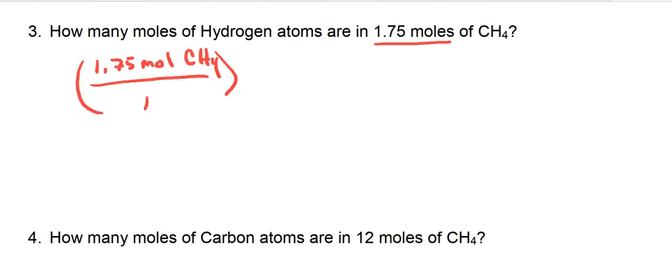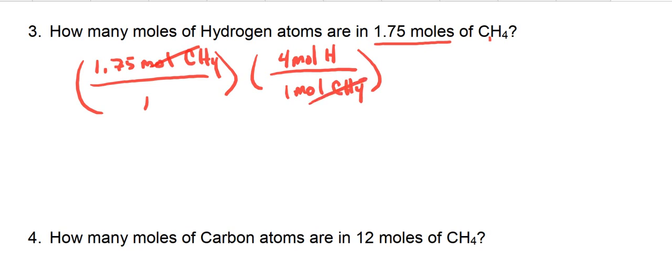We know that there's 1 carbon and 4 hydrogen, so our conversion factor is however many atoms there are in the CH4. So we're going to put 4 moles of H over 1 mole of CH4.